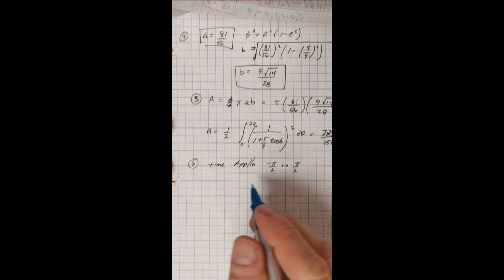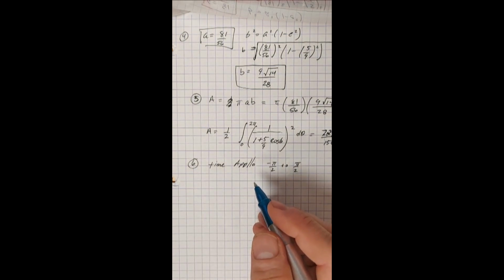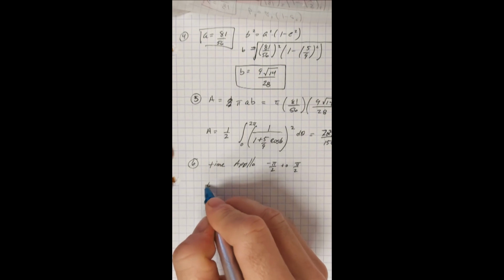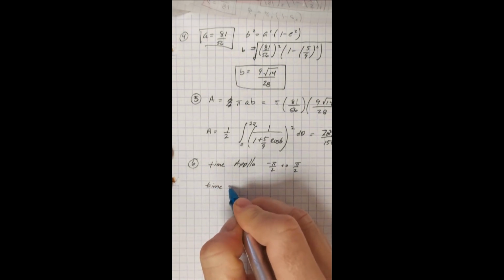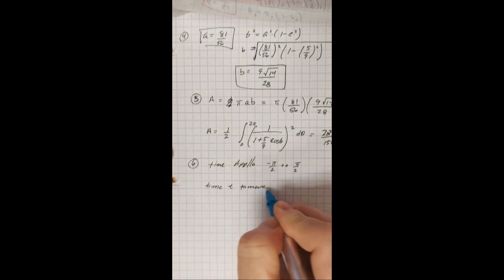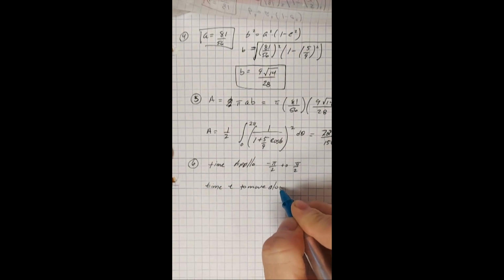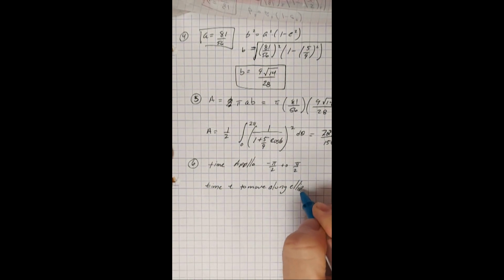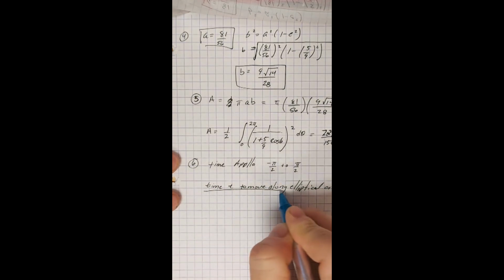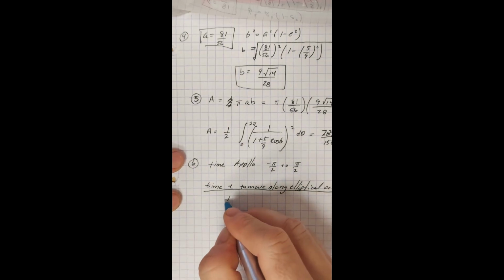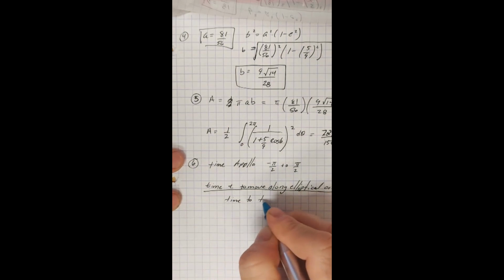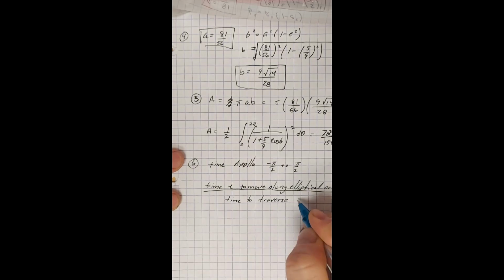And so Kepler's law from part 1 there looks like we have the time t to move along the elliptical orbit divided by the time to traverse the complete orbit.